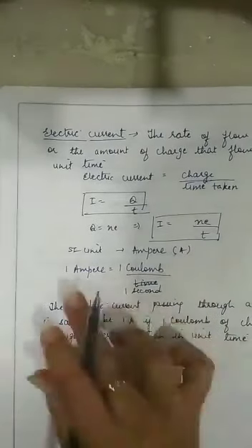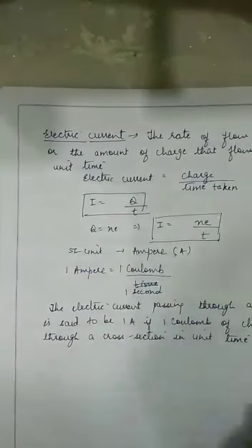That is, 1 ampere is equal to 1 coulomb upon 1 second.